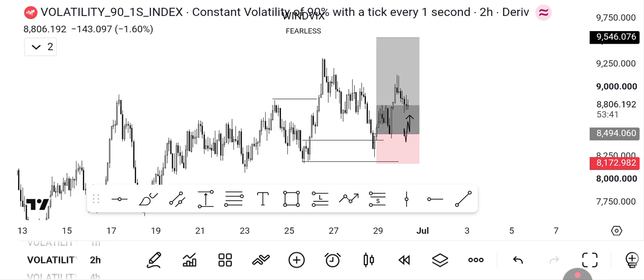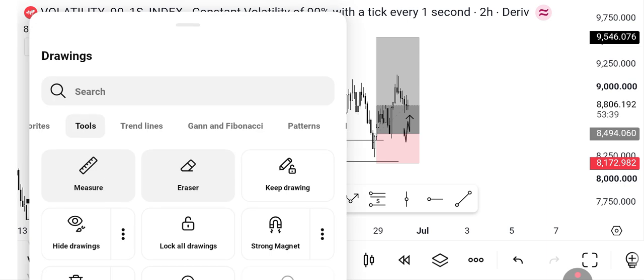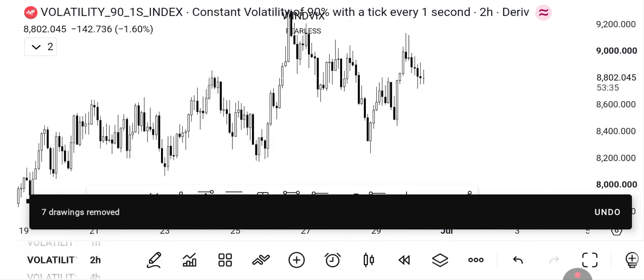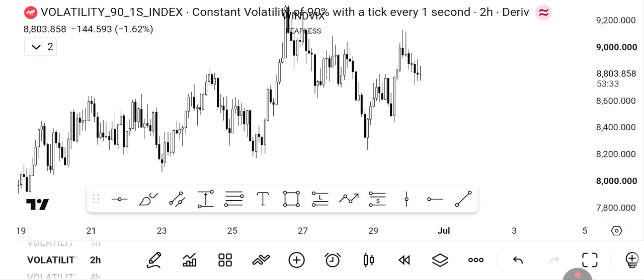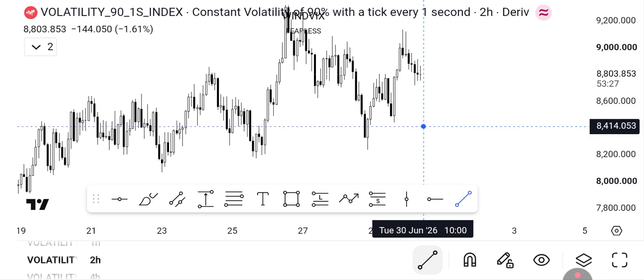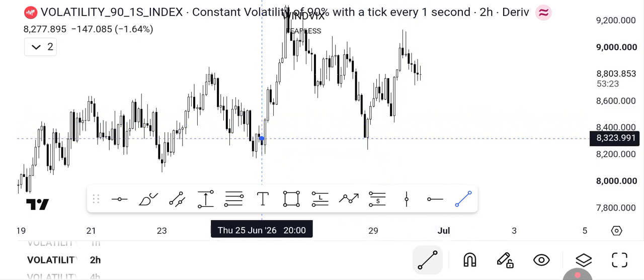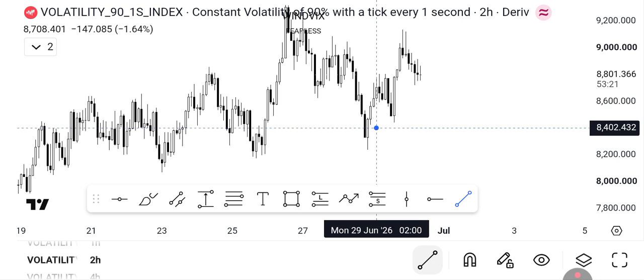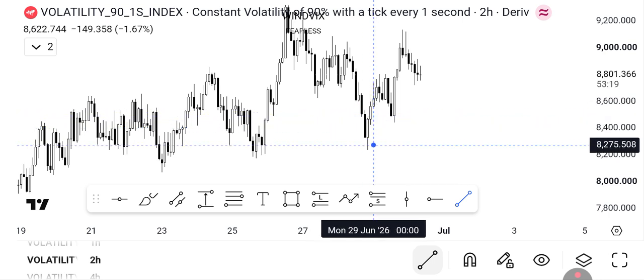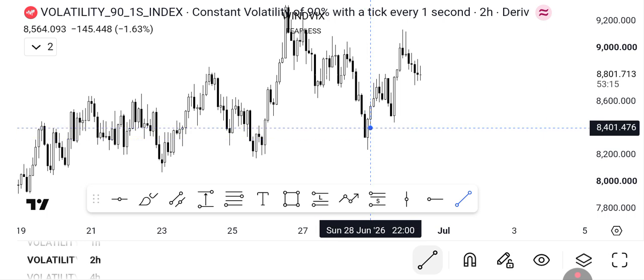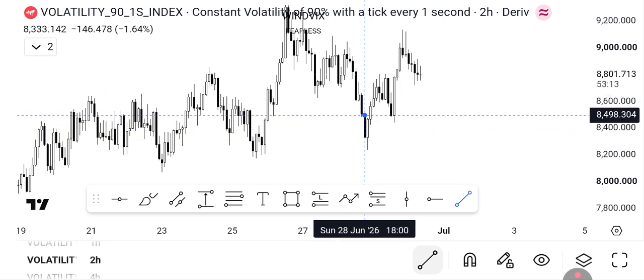That's an early entry. And if you don't want that, in case you missed that, you can also use the 4 hours or the 2 hours to continue to pick another change of state of delivery. So this was the candle that dug into the other block, and then this candle swept it, right? It swept this candle and then created a break of structure.